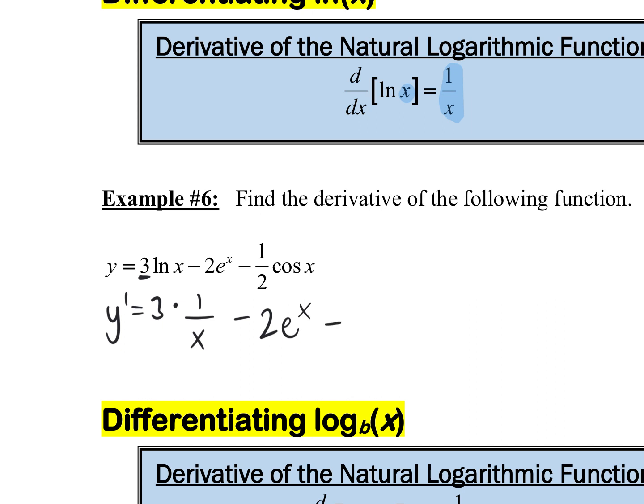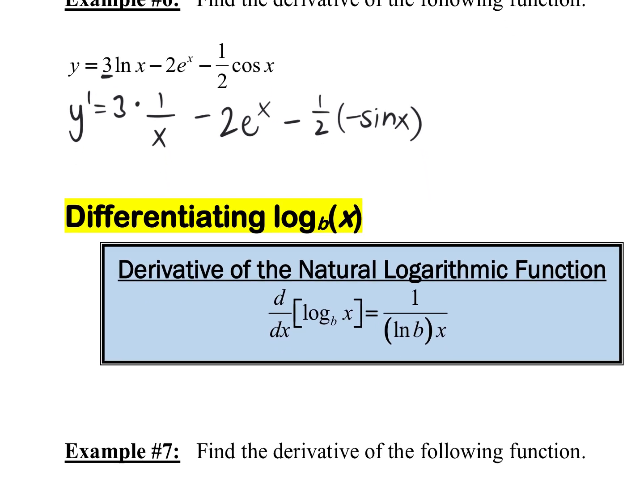So I've got minus 1/2 times a negative sine of x. That would be fine to leave it like that. If you would rather put plus 1/2 sine of x, that's fine. Or if you want to do 3 divided by x. Just don't do anything too crazy with how you are simplifying your things. Cool.